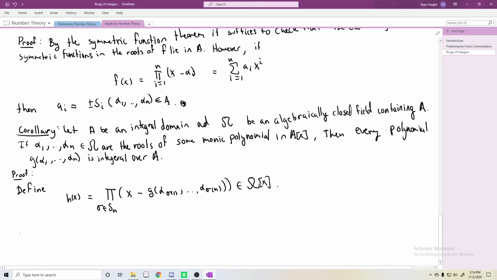Okay, so I claim the coefficients of h lie in A. Actually, h is in A adjoin x. So to check this, what do I have to do?